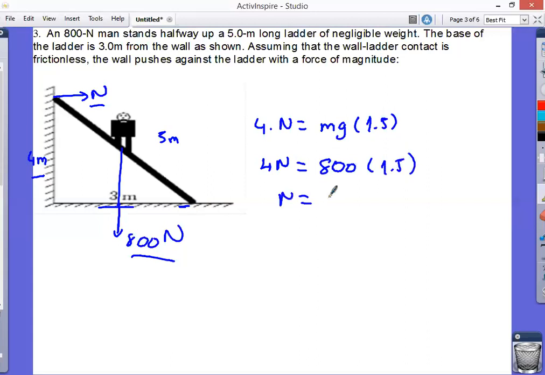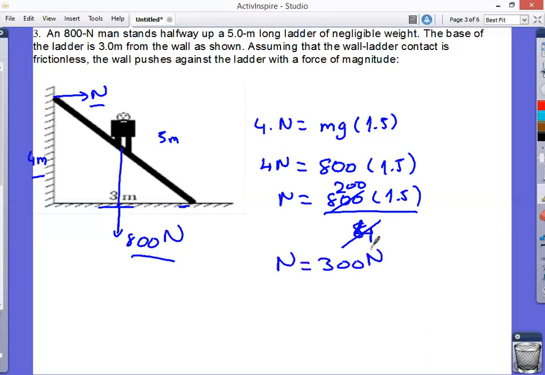Let's divide both parts by 4. 800 over 4 is going to be 200. Then 200 times 1.5 is going to be 300 Newton. So the force due to wall applied on the ladder is going to be 300 Newton. Okay? 300 Newton.